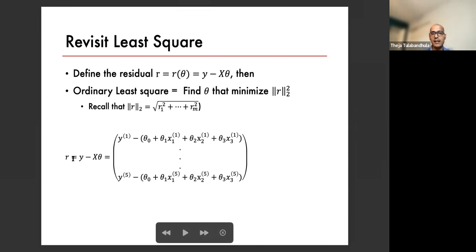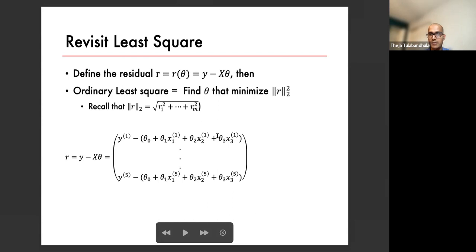Just to be very detailed about it, R is equal to y minus x theta, which is exactly this: y minus x theta is theta naught times 1 plus theta 1 times x1 plus theta 2 times x2 plus theta 3 times x3 in our running example. There are 5 rows, and each entry in R is defined this way.